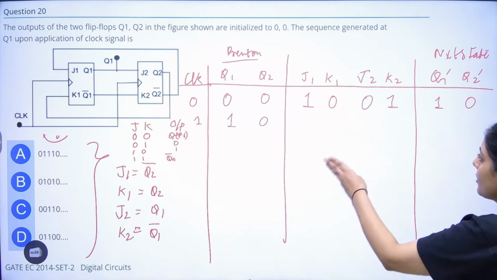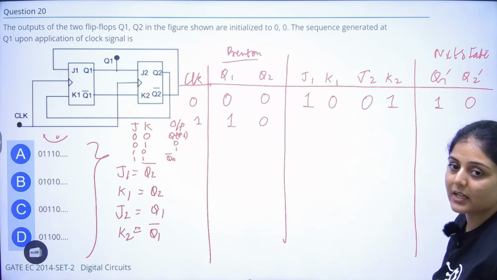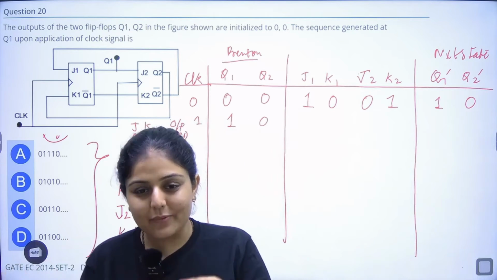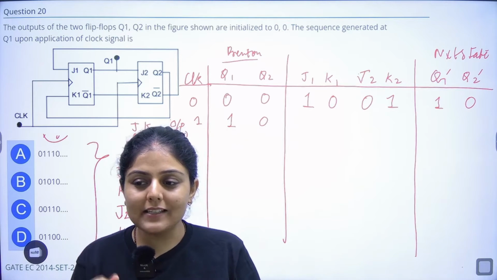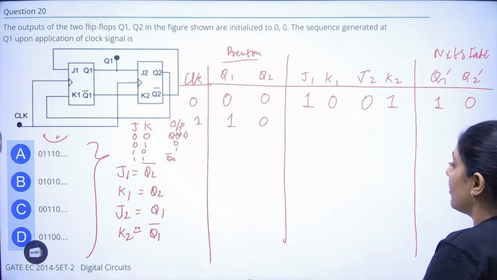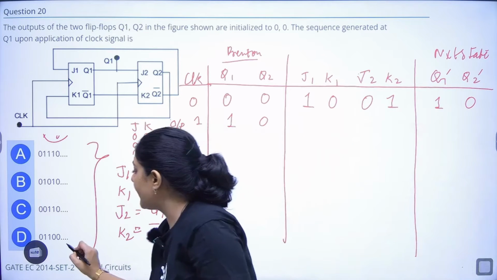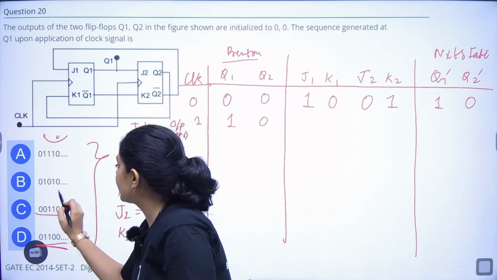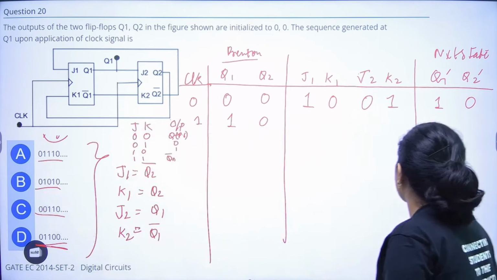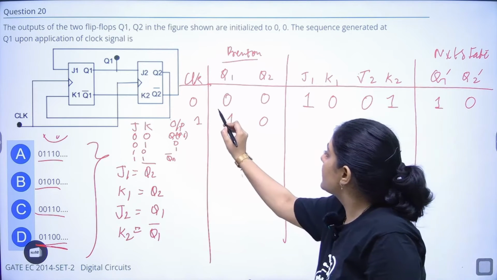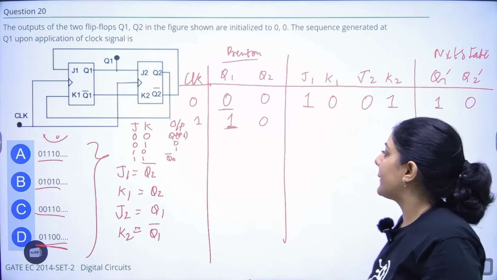According to this 1 and 0, again you have to find out all the values of J and K, and then the next state, and you have to repeat this cycle until the sequence formed starts repeating itself. You have to find out this sequence, whichever sequence is correct. So firstly, we found that the value of Q1 is 0, then it is 1.